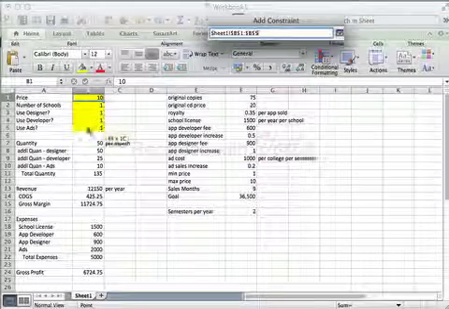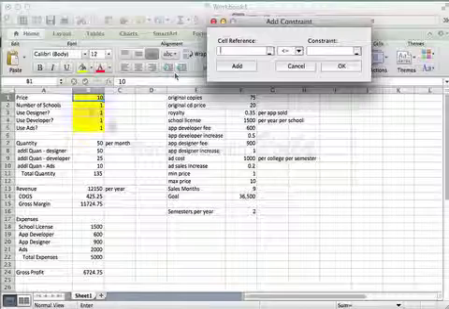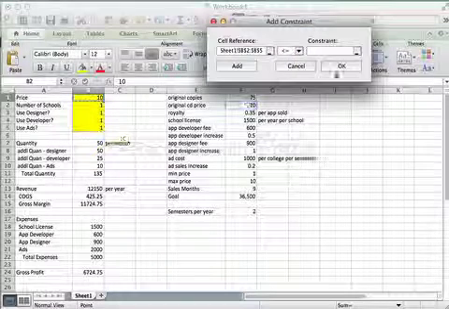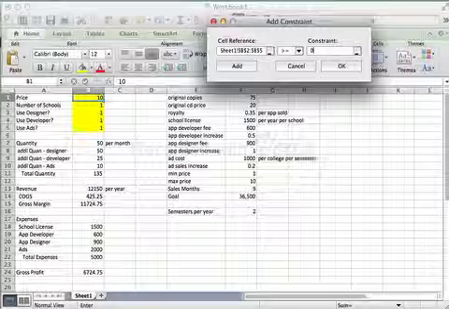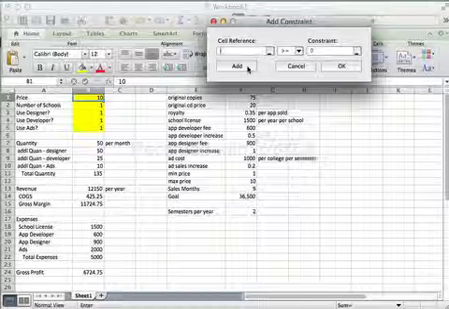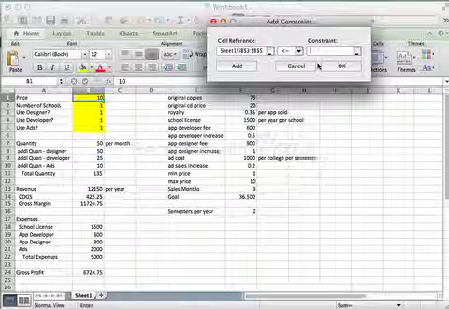And all of my decisions have to be integers. And all of these decisions have to be greater than or equal to 0. And all of these decisions have to be less than or equal to 1.